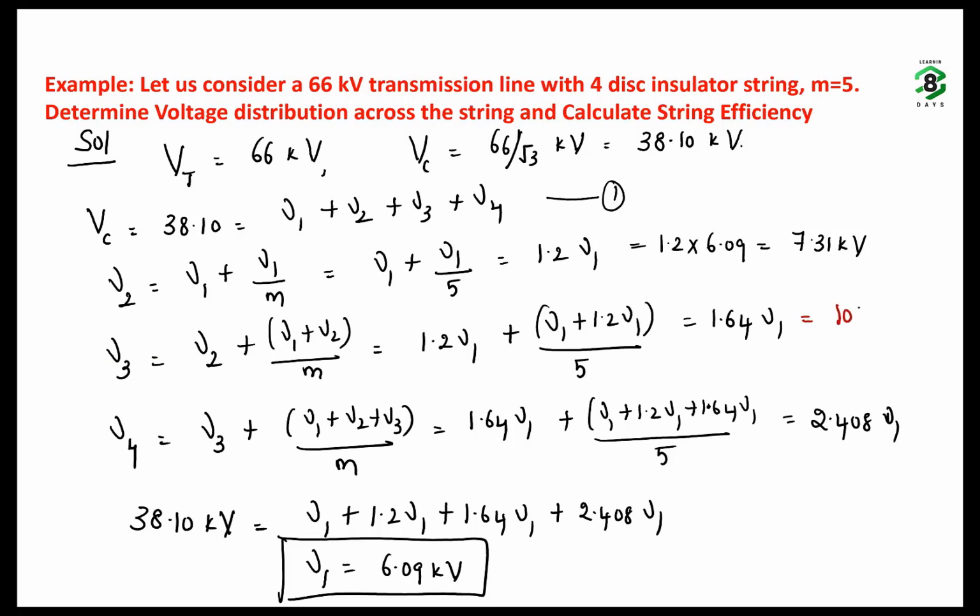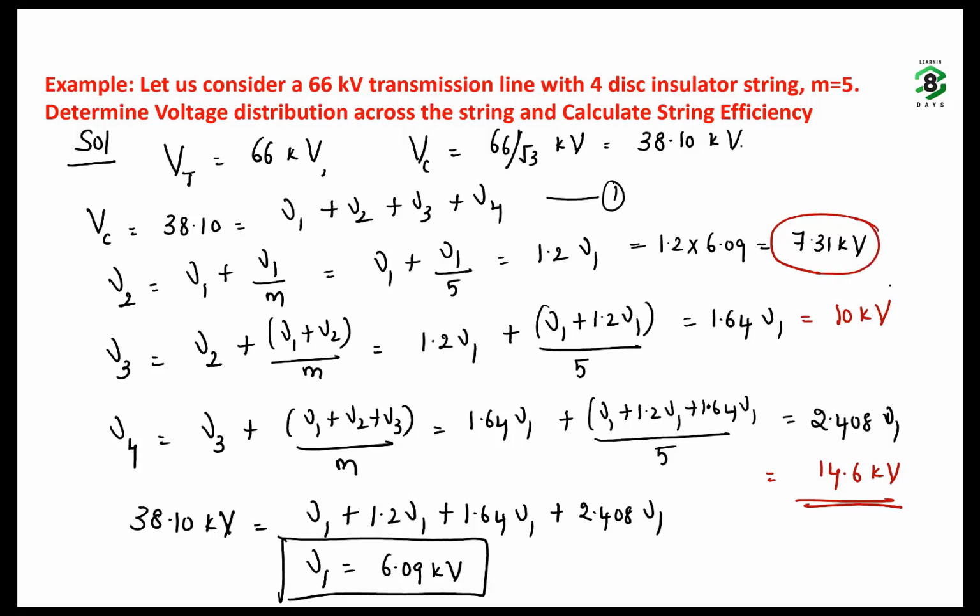Roughly it will become 10 kV, and the final value will become 2.408 into this one. It's going to become 14.6 kV roughly. So these are the voltages.